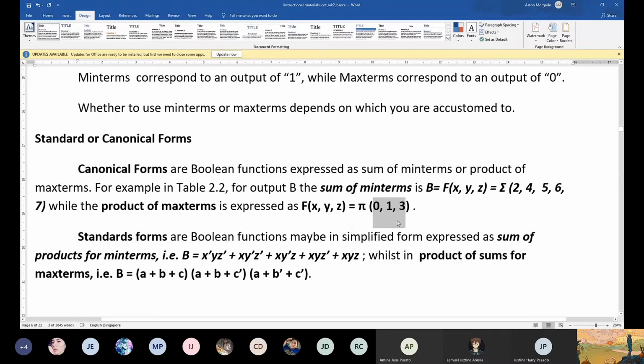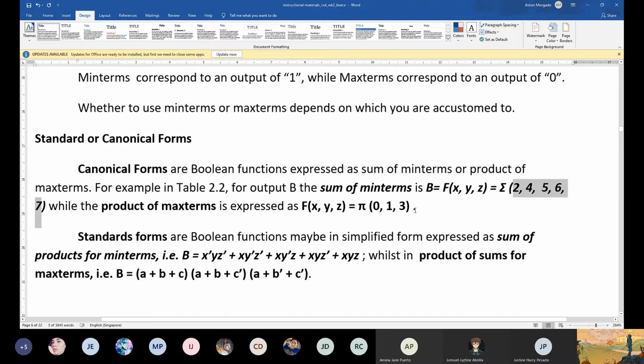The output should be either 0 or 1. So, if it already appears in minterms, it should not appear in maxterms. They are complementary. So what's in minterms is 2, 4, 5, 6, 7, and 0, 1, 3 is not there. Of course, because 0, 1, 3 has an output of 0, whereas summation means minterms have an output of 1.